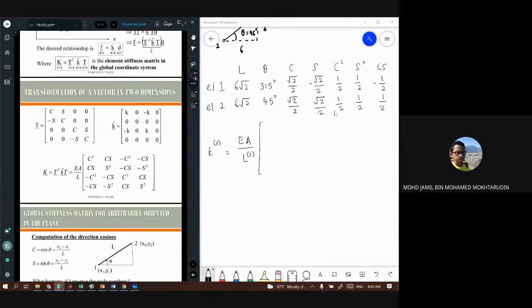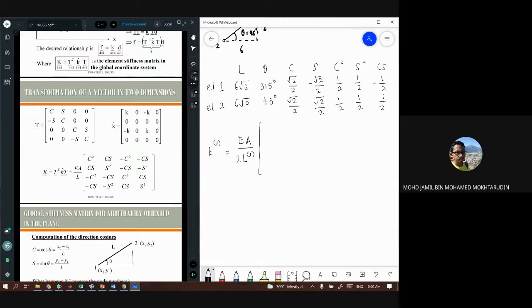So I prefer to factorize half because everything has half in the cosine and sine. So just factorize half and put it here. Okay. Then you can simply put the remaining numbers inside the matrix.